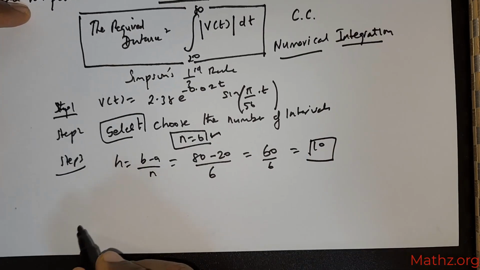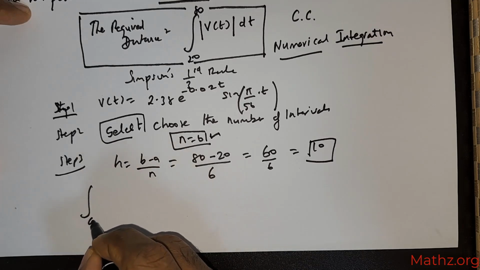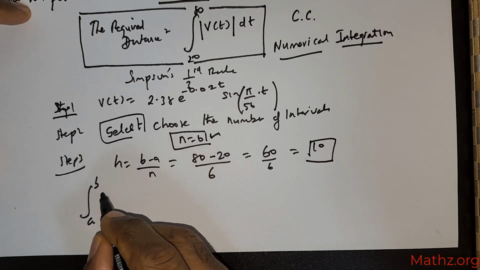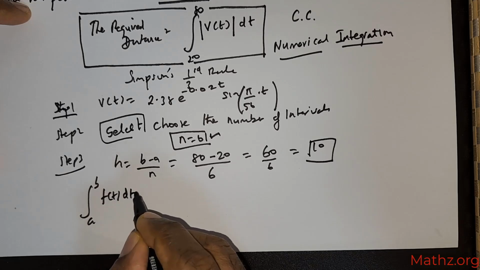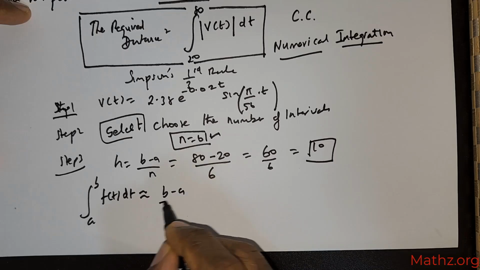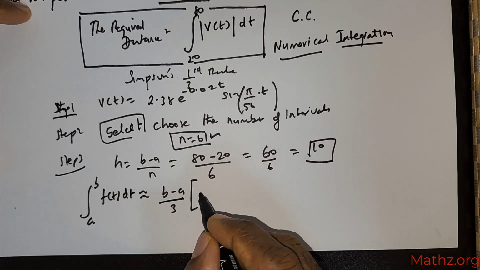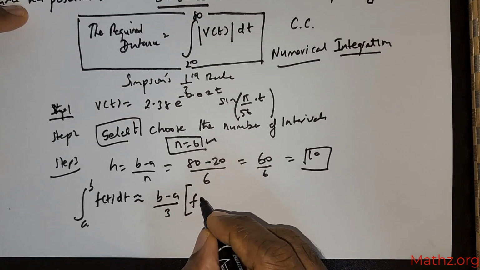Now after which you need to apply Simpson's rule. So I'm going to state Simpson's rule. The integral from a to b of f of t dt is approximately, the symbol is needed, (b minus a) over 3. Since it's 1/3 we place the 3, and then we start with the initial value.